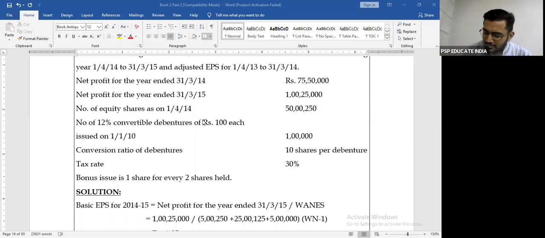So because bonus is directly going to reduce your EPS, you're directly including the bonus element on the conversion portion. Right, I hope that clarifies your doubt, and that clarifies your doubt as well. Bonus is not issued earlier. You will have bonus along with the conversion portion.